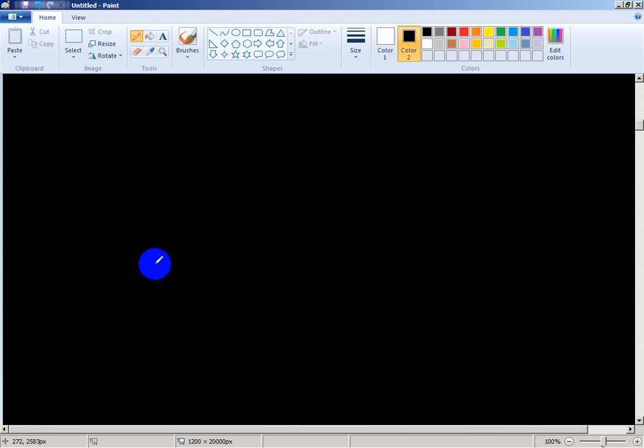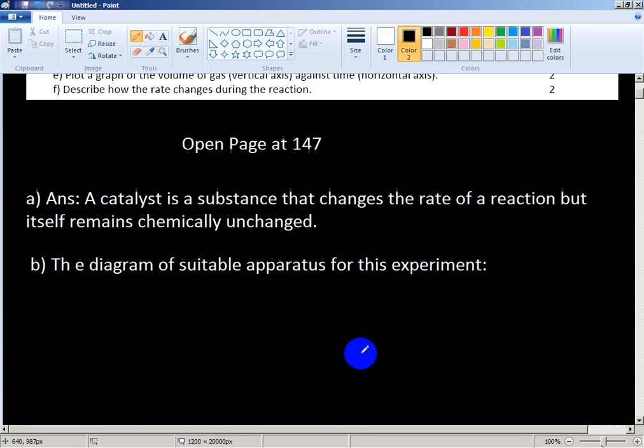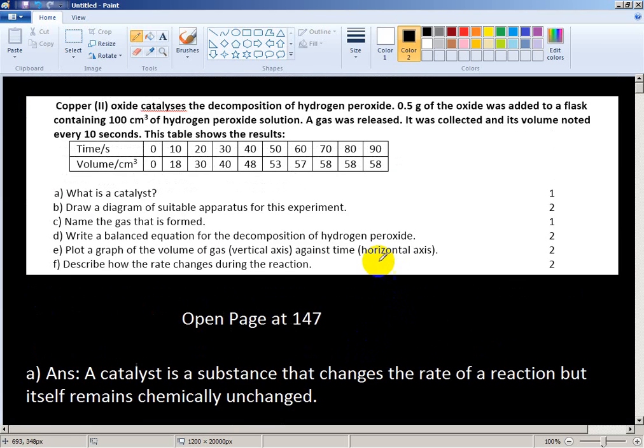We know this is two-dimensional: this is the x-axis, this is the y-axis. So here the horizontal axis is time.